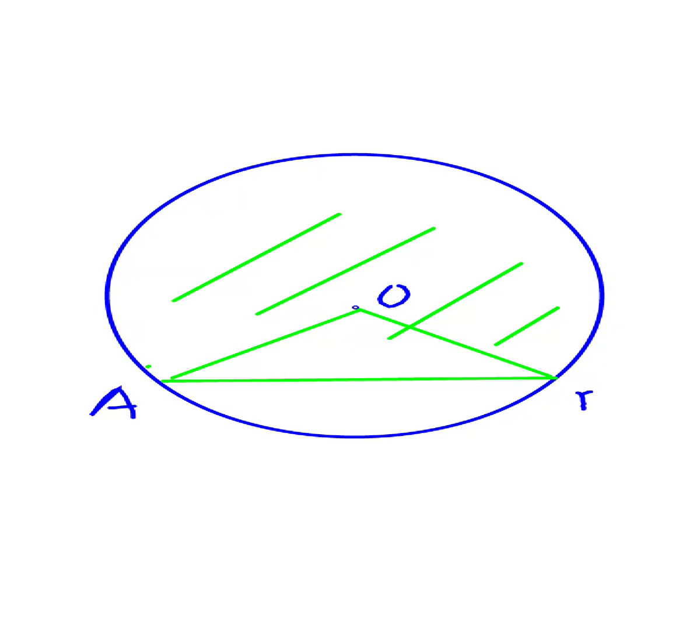So previously we had taken this small point as P. Okay, APB, and if we take this point as Q, suppose.